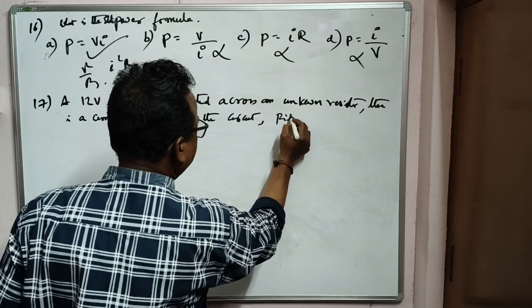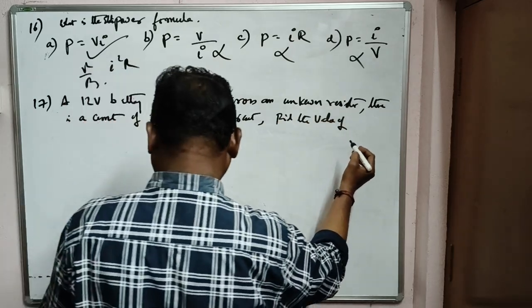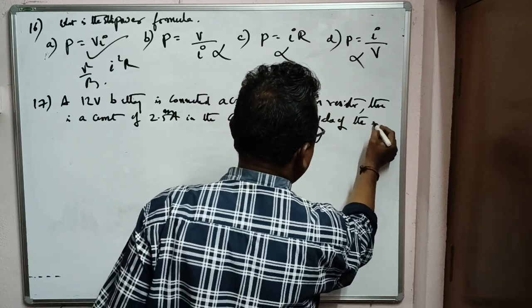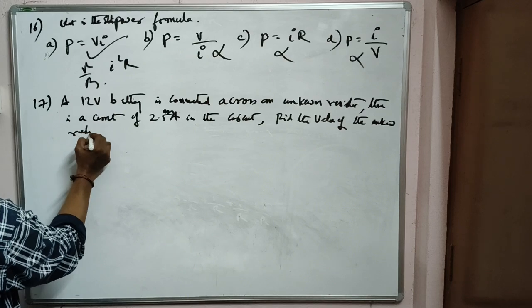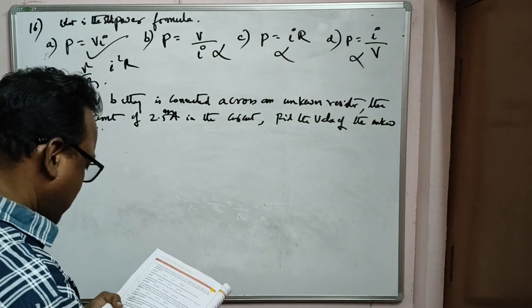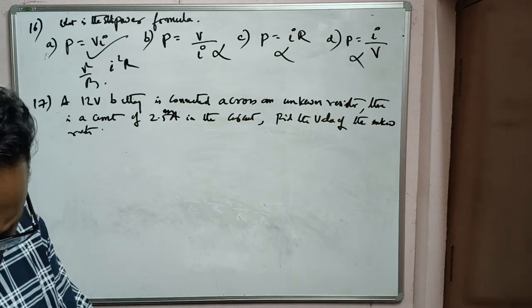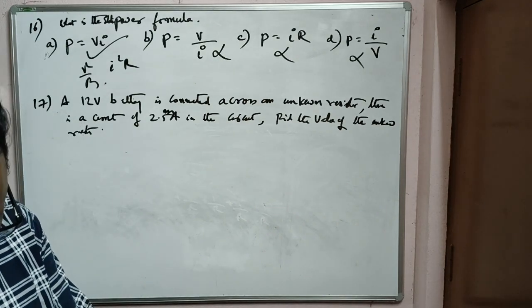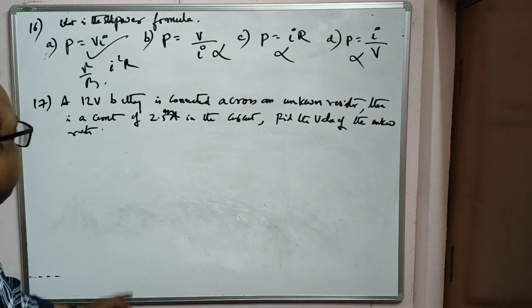Find the value of the unknown resistor. So he has given a 12 volt battery connected to an unknown resistor. The current is 2.5 milliamperes. He is asking you to find the value of the resistor.